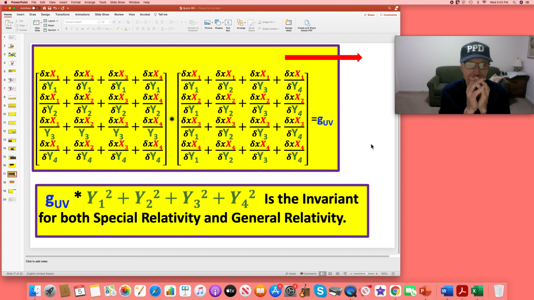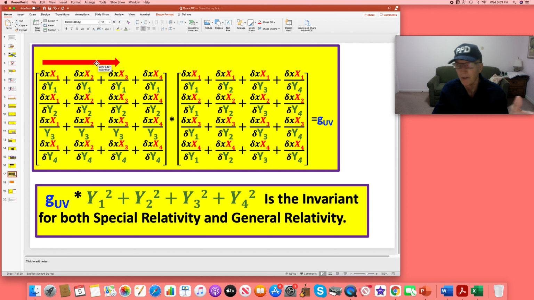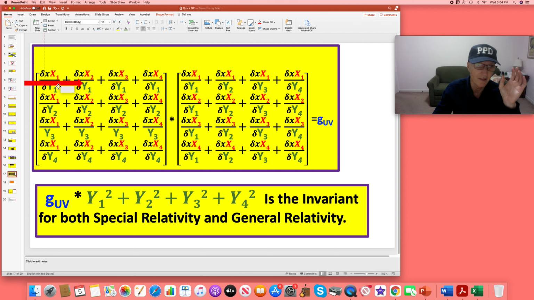That's the Jacobian. Now, mathematicians want to keep the row-column convention without changing it. It's like driving on the right-hand side of the road in North America. You don't want to change it. Things can really screw up.